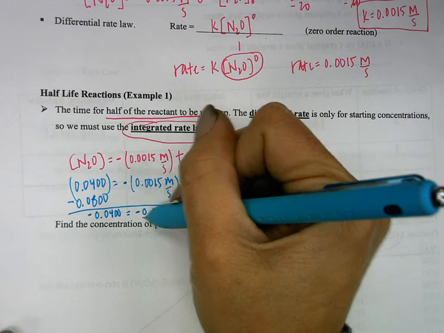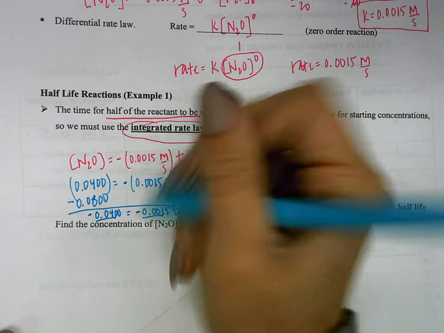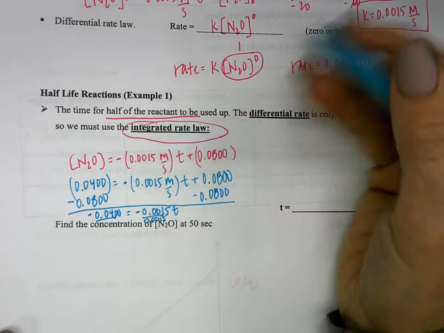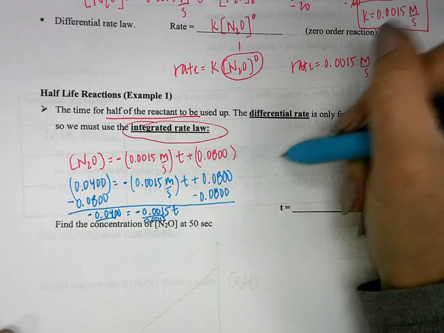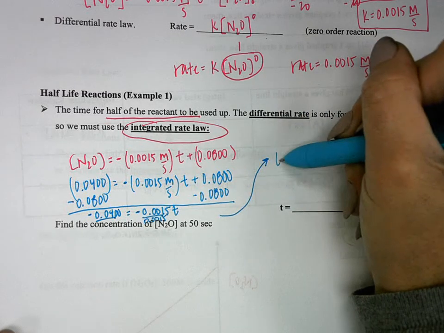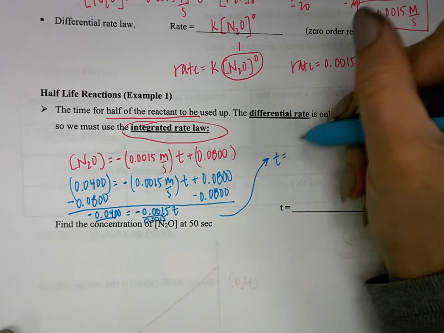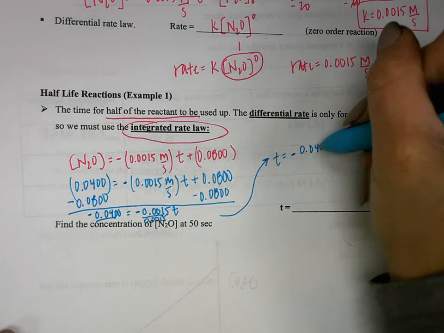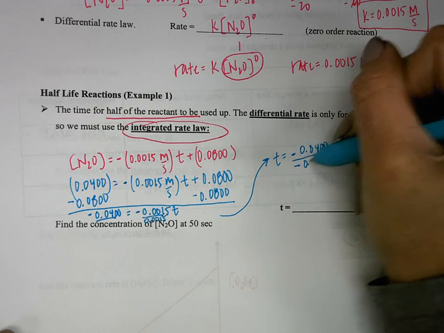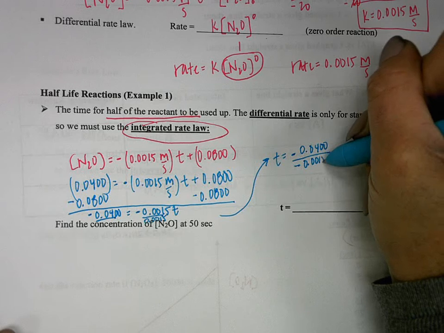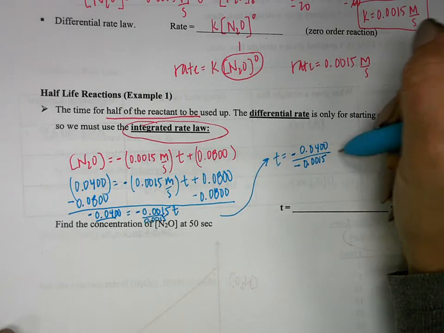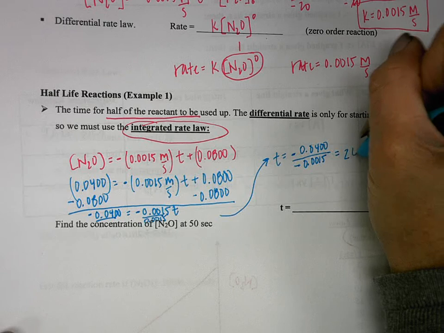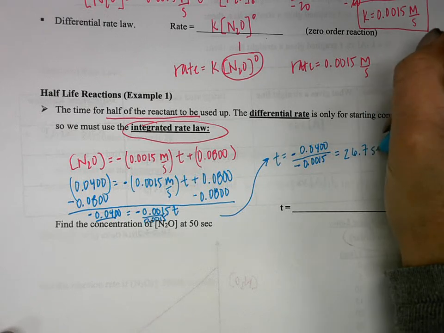I'm going to divide both sides by 0.0015, so I'm going to rewrite this up here. My half-life time is negative 0.0400 divided by negative 0.0015, which gives us 26.7 seconds.